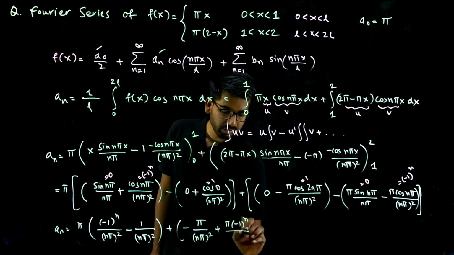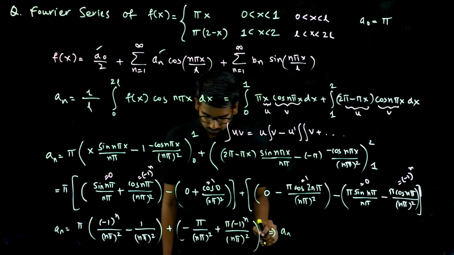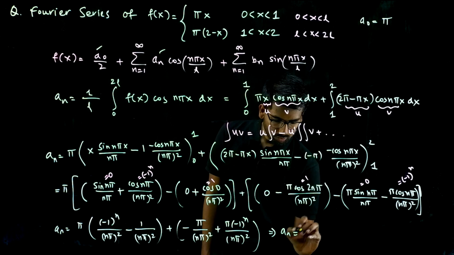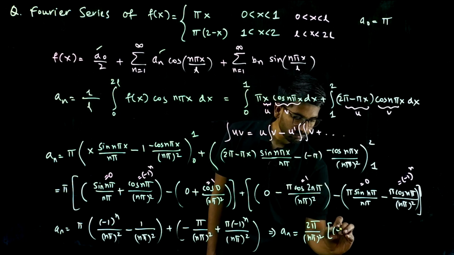Pi into 1 minus 1 power n by n pi square. So this will give us an is equal to 2 pi by n pi square, minus 1 power n minus 1.